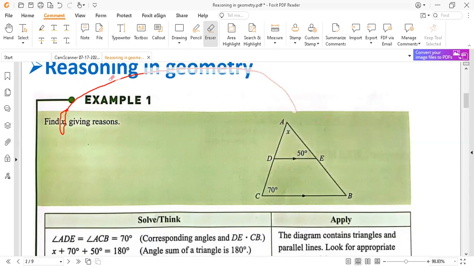What do we have in particular in this figure? It is remarkable that we have two parallel lines. When we have parallel lines, a lot of consequences can flow from having parallelism.